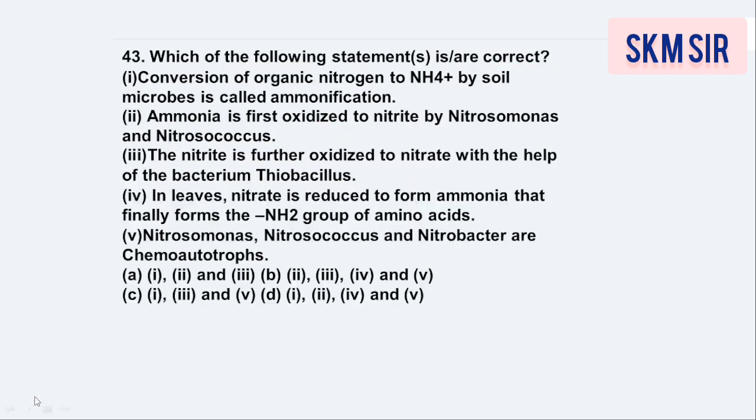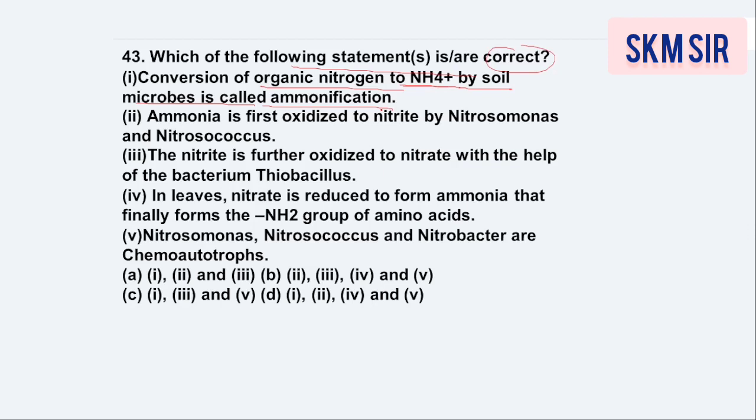Coming to the next question, that is 43rd. Which of the following statements are correct? You need to choose the correct statements first of all. Conversion of organic nitrogen to ammonia by soil microbes is called ammonification. Is it a correct statement or not? First of all, select the statements which are correct. What do you think?